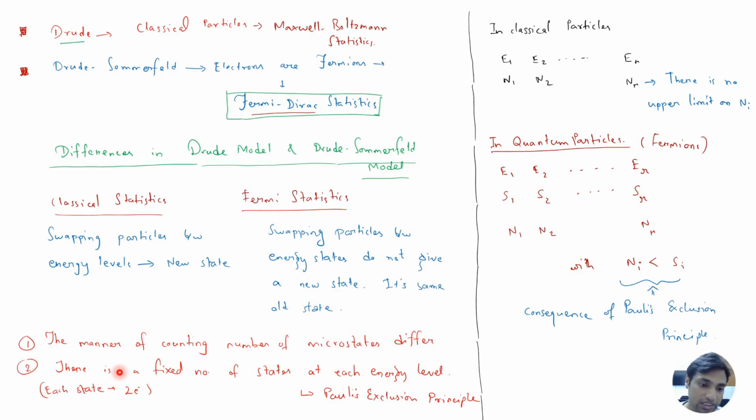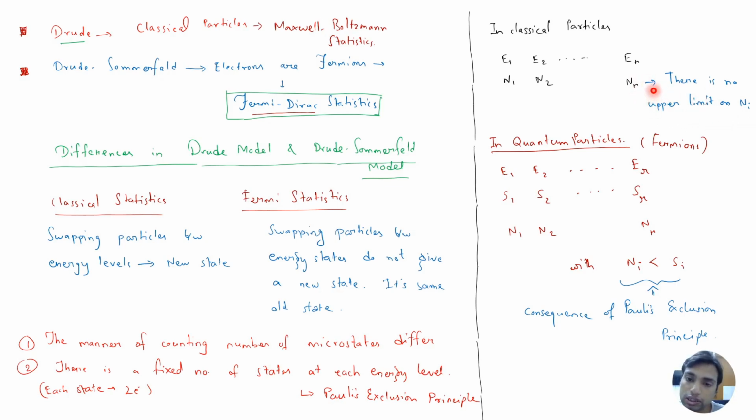Second, there is a fixed number of states at each energy level. For example, in classical particles, let's say the energy states are E1, E2, E3, up to Er, and the number of particles are N1, N2, N3 corresponding to each energy state. There is no upper limit on Ni in classical particles, no restriction.